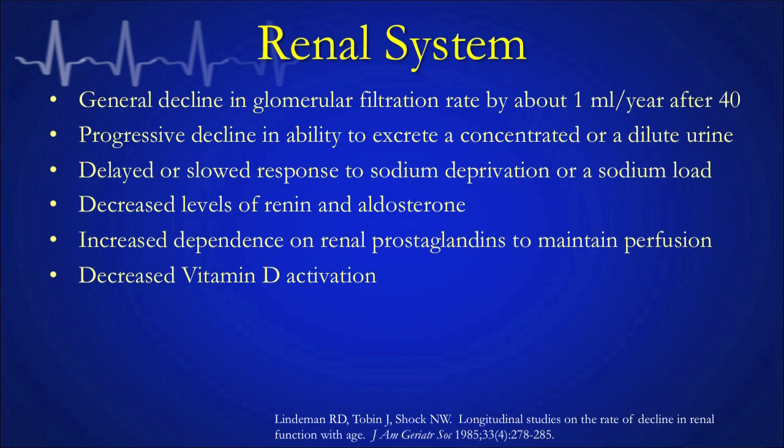So that's why you'll see when we start people on NSAIDs, their BUN starts to rise because you are really depending on prostaglandins to maintain that renal perfusion. So when you block that, less blood flow to the kidneys, and you are going to have rise in the BUN. And also, there is decreased vitamin D activation by the kidney when it gets older.